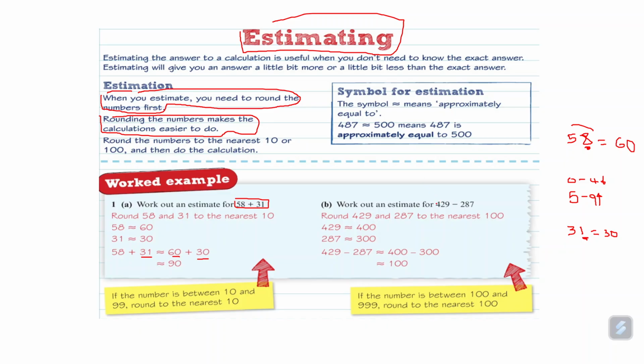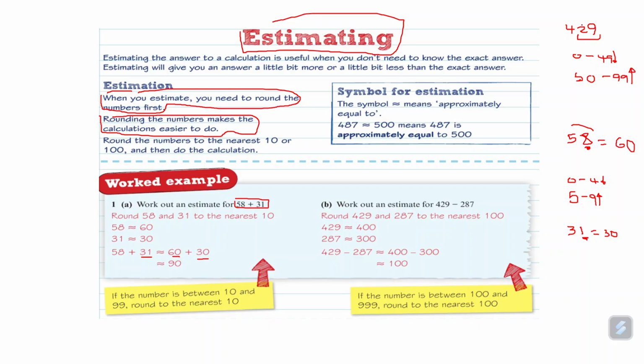Now, if you are rounding 429 to the nearest 100, you need to consider the last two digits here. The rule says if the last two digits are between 0 to 49, you round down. And if the last two digits are between 50 to 99, you round up.